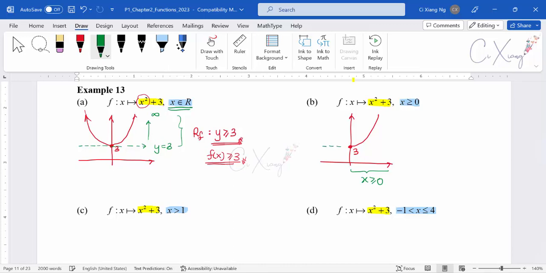What is the lowest point for this graph? You can still see that the lowest point is at y equals 3. And for x greater than or equal to 0, the curve keeps on going up, therefore you are having an infinity value again, a very, very large value. Therefore, the range of the function is still the same as part A, where the function should be more than or equal to 3.